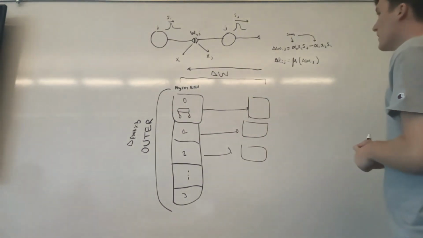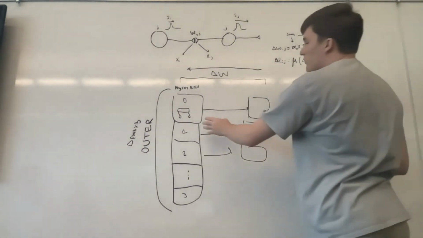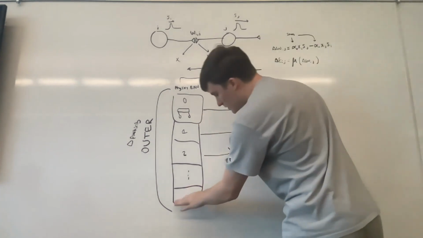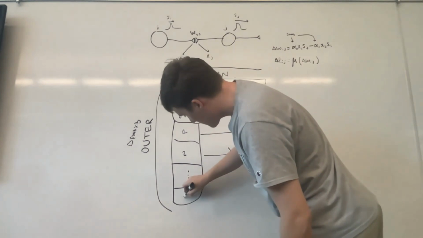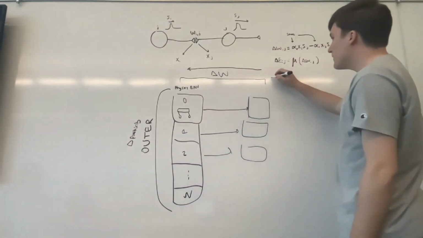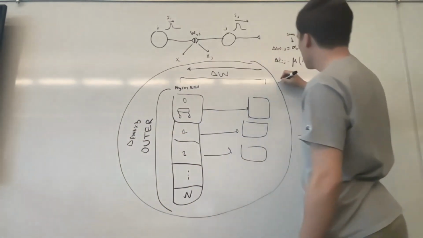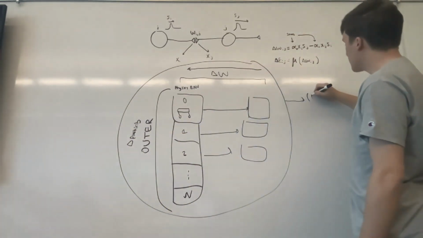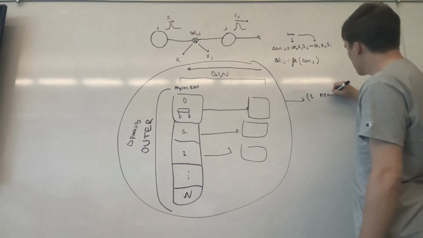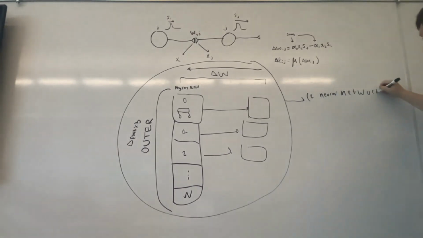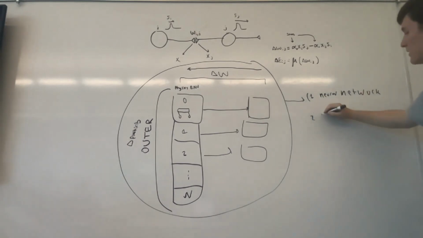And so once we've done that with all these physical environments in the simulator, this should be N. And then we take this robot, right? We get a neural network from this, and then we get two plasticity rules.